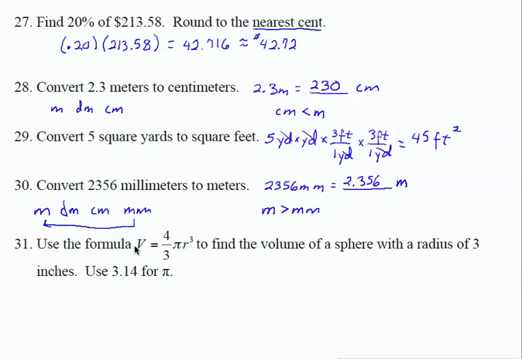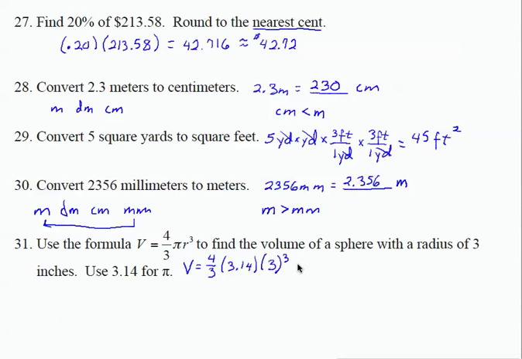Problem 31, we're using the formula volume equals 4/3 pi r cubed to find the volume of a sphere with radius 3 inches, and we're using 3.14 for pi. So let's write in the values that we know from this problem. I have 4/3 pi, we're using 3.14. My radius, I was told, is 3, and that's cubed.